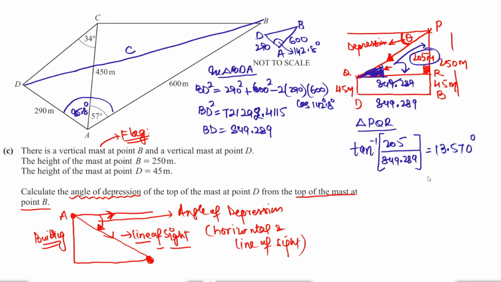When we write answers in angles, we always try to write it up to 1 decimal place. So the answer could be given as 13.6 degrees, rounded off to 1 decimal place, and that should be your answer. There are a lot of concepts which had been used, and this was a heavy question. Okay, let us see the next problem, what it says.